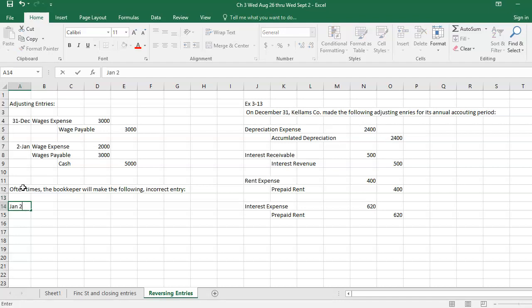This is on January the 2nd. A lot of times they'll do what they normally do, and they'll do wage expense and cash for $5,000.